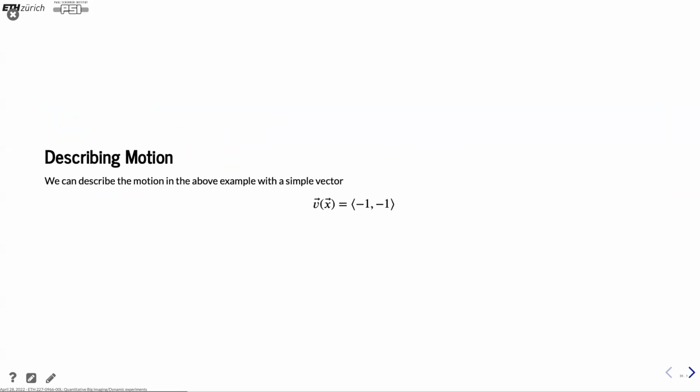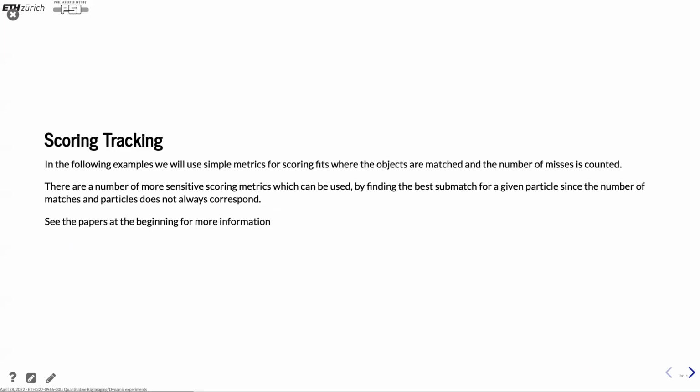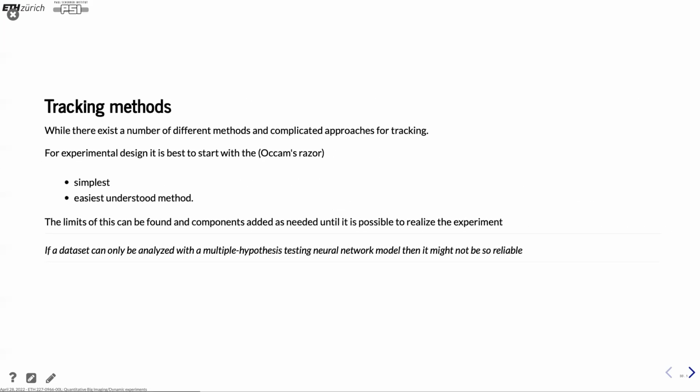Now we want to describe this motion, and in principle, what we have produced is a simple vector. We have the velocity -1, -1, and we want to start looking at how we can measure it and see where it is. There are several ways of doing it. This is a very simple, let's call it brute force approach that we are going to look at now.